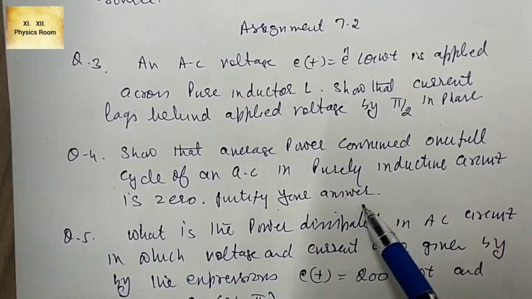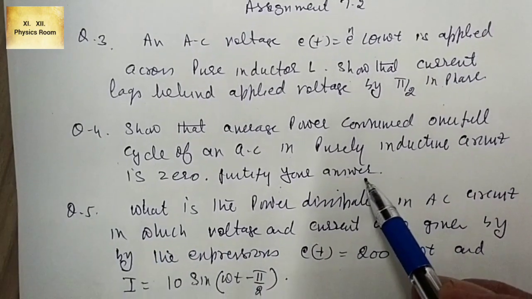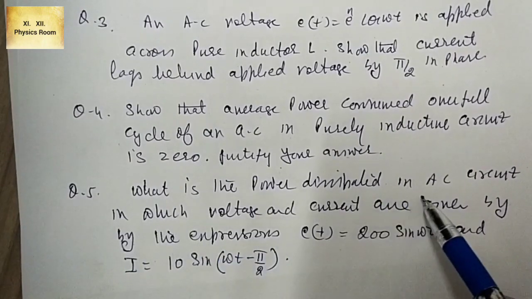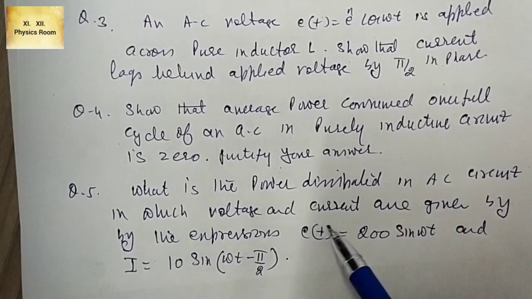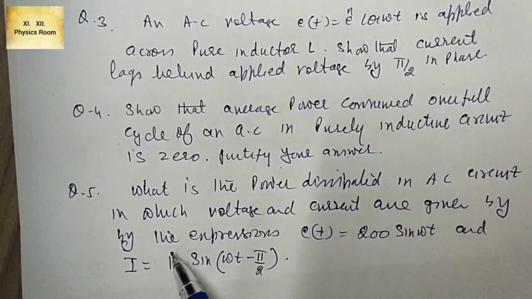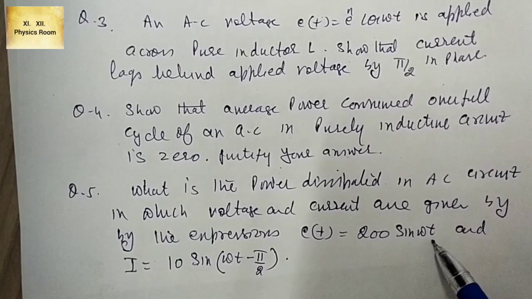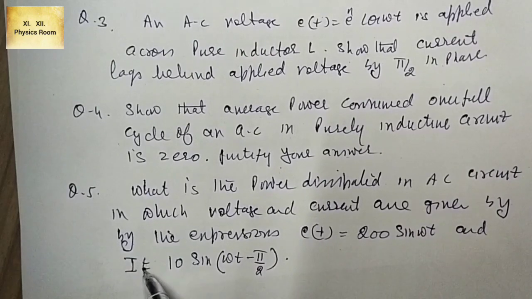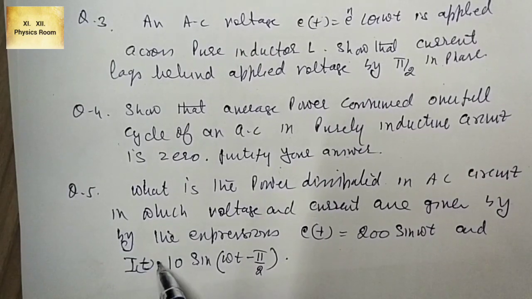Justify your answer. And question number 5: what is the power dissipated in an AC circuit in which voltage and current are given by the expressions E(t) is equal to 200 sin omega t and I(t) is equal to 10 sin(omega t minus pi by 2).